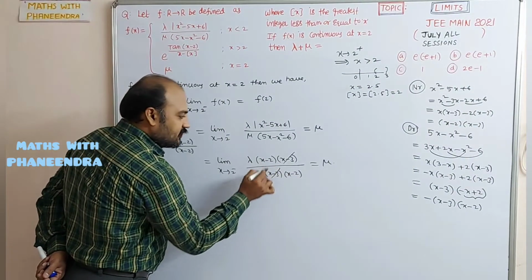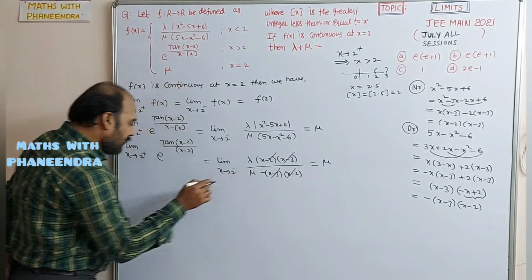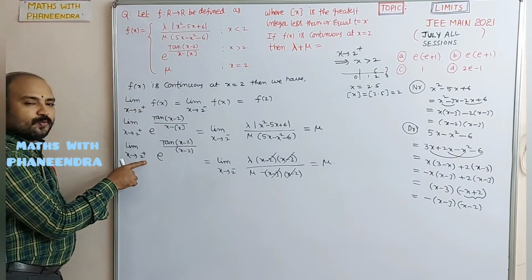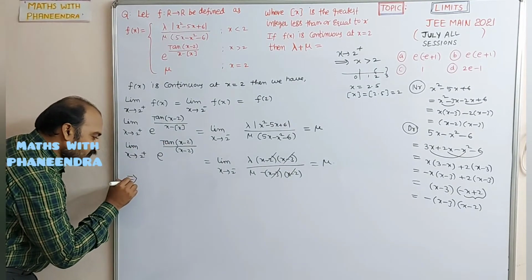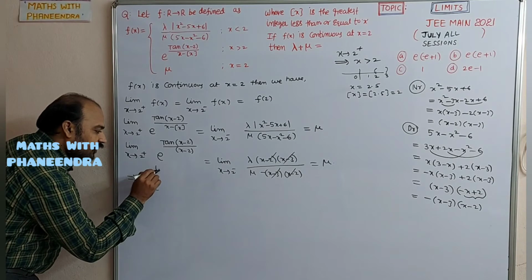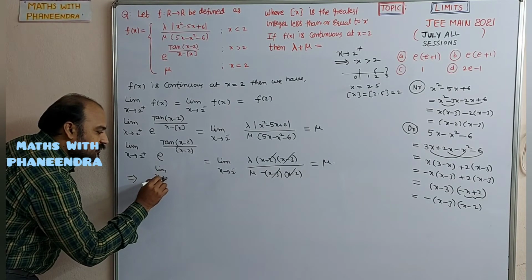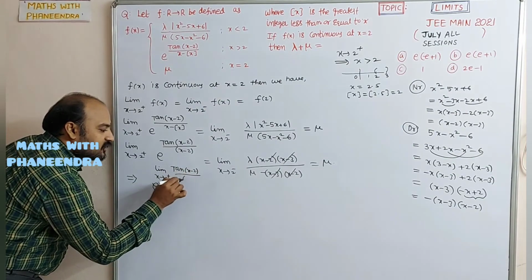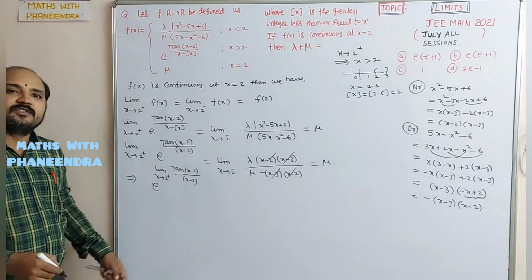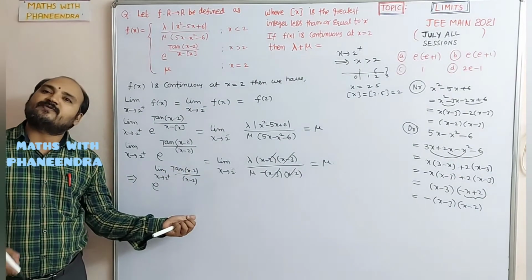So x minus 3, x minus 3 cancel, minus will be there. Limit x tends to 2 plus e power, limit x tends to 2 plus tan of x minus 2 by x minus 2. It is in the form of limit x tends to 0, tan x by x, that value is 1.